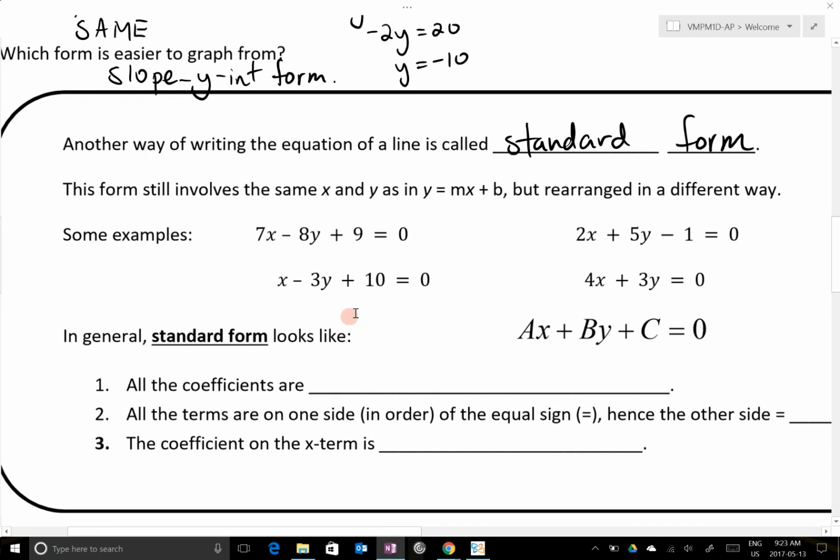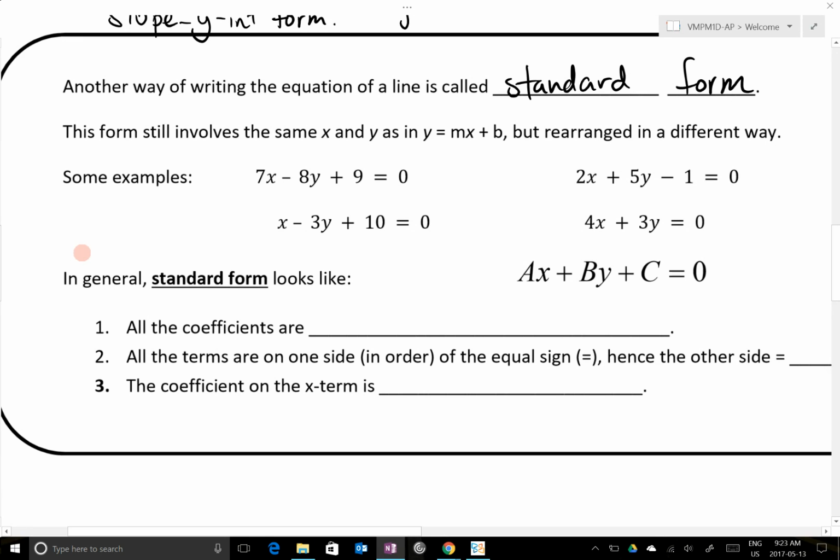If you're going to use letters, we're going to use capital A, capital B, and capital C. Capital A will be the value in front of x, capital B will be your coefficient in front of y, and C is your constant term. All coefficients are integers here, so no fractions.